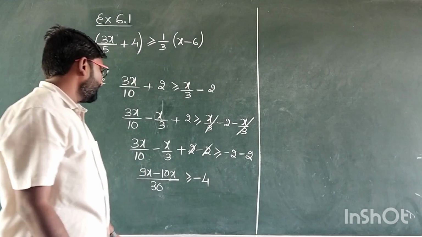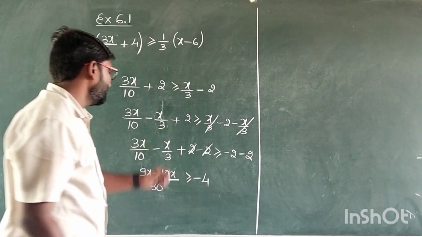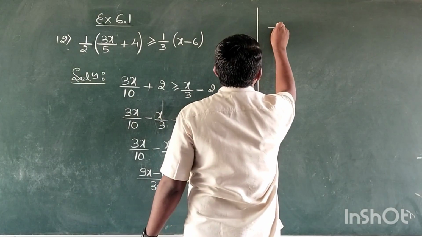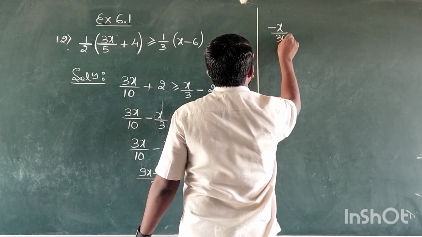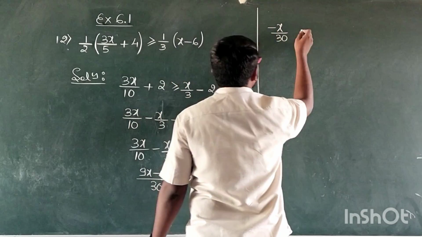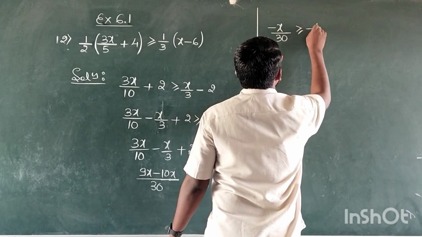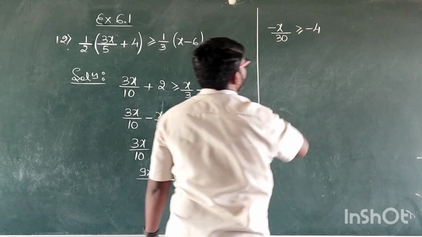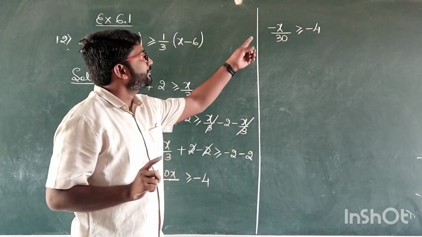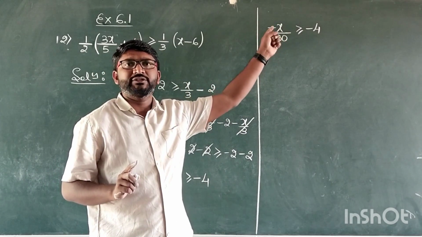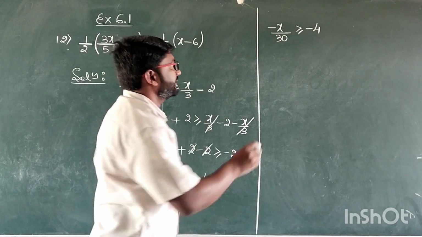So, now here 9x minus 10x will be minus x by 30, minus x by 30 greater than or equal to minus 4. So, now we have to multiply 30 both the sides, so that here 30 will be eliminated in the denominator.